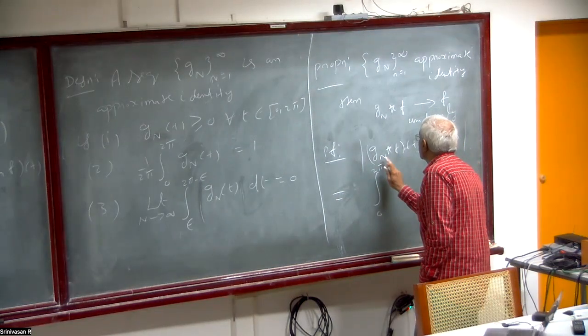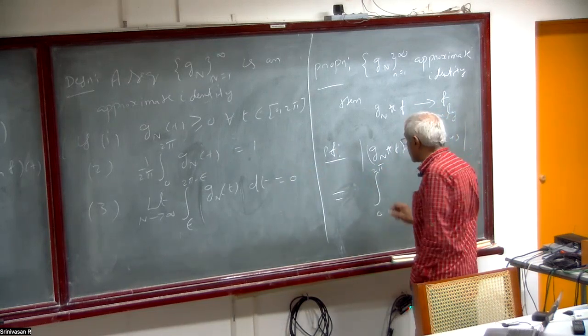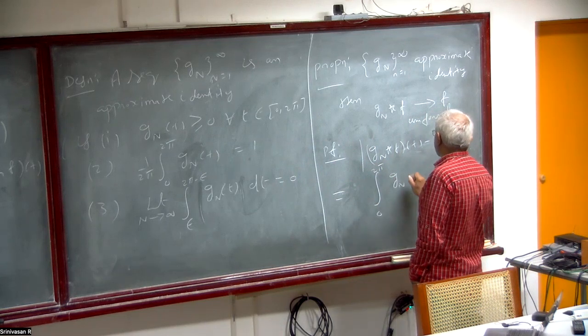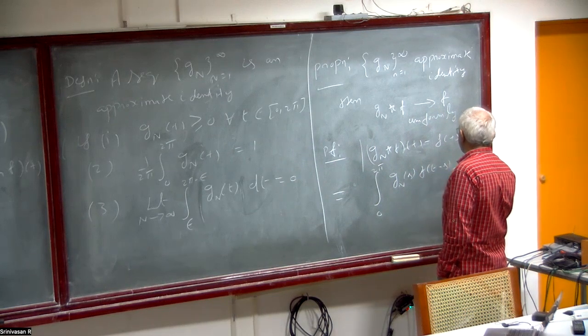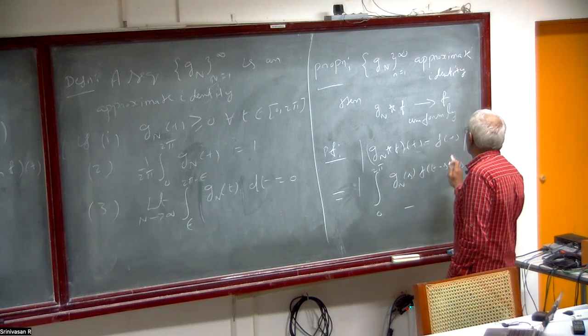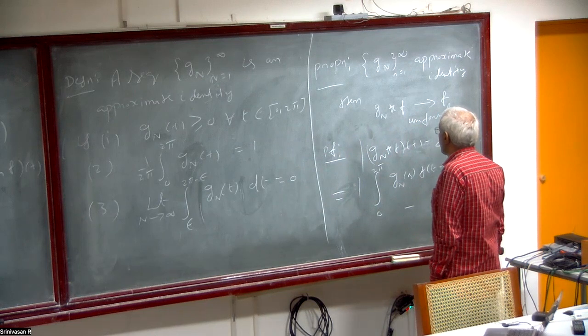So g_n star f is defined by the integral of g_n(s) f(t minus s) ds, minus f(t). There is a 1 by 2 pi somewhere.